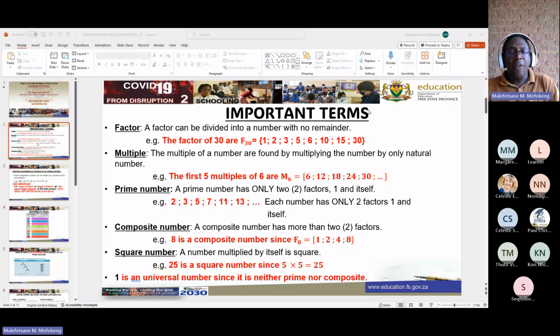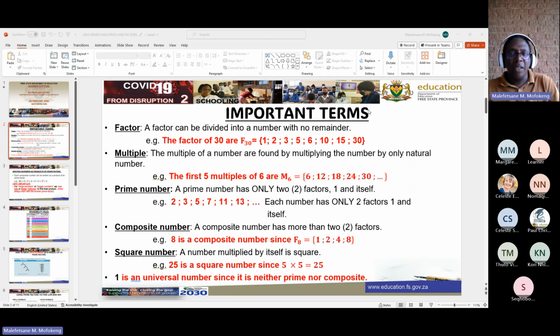The first number that can divide into 30 without leaving a remainder, let's take 2. 2 goes how many times into 30? It goes into 30 fifteen times. It means 15, there's no remainder. We can also divide 30 by 3, and then it goes 10 times.